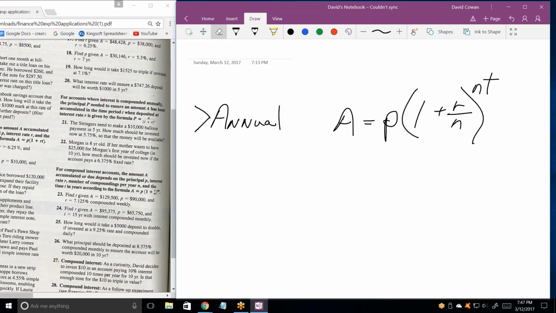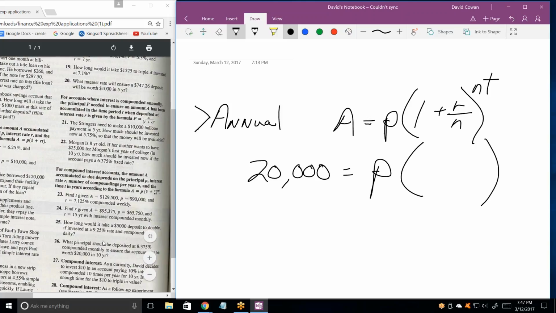I think 20,000 would be A. Okay. Would P be? Read the question, the first two words. What principal? That means P is going to be the variable that I'm going to be solving for. Got it. Okay.